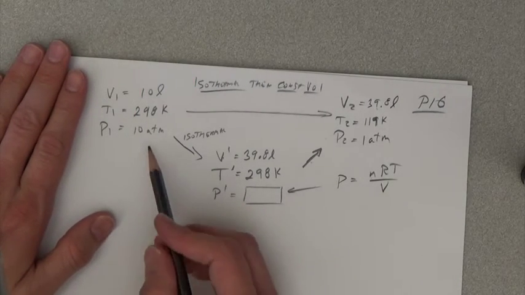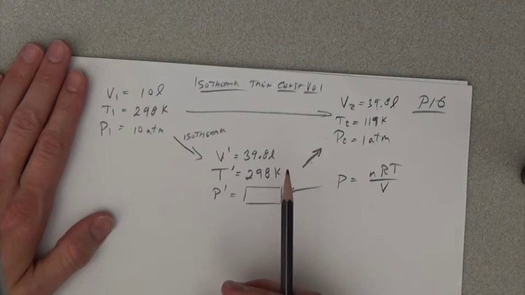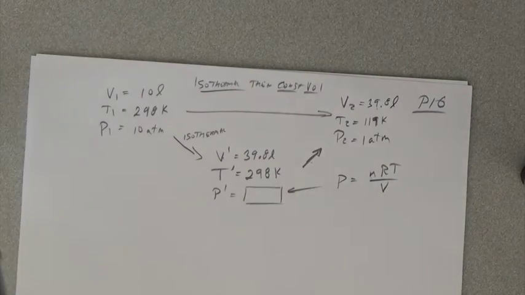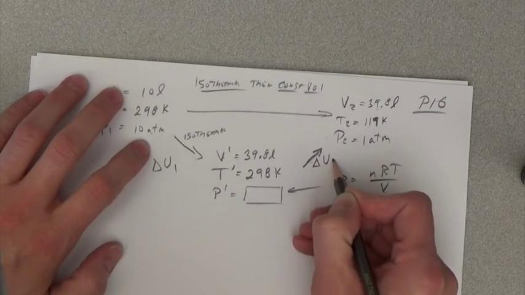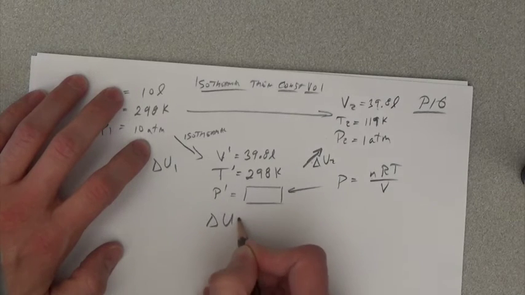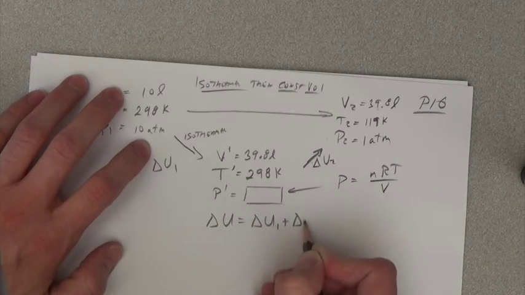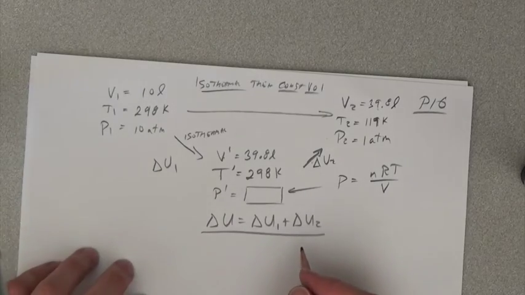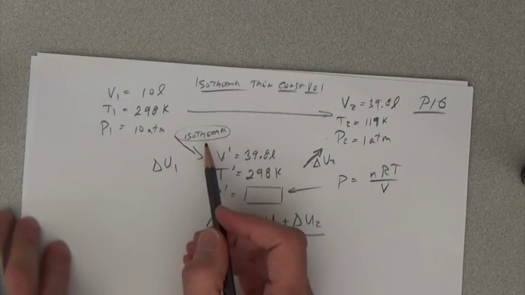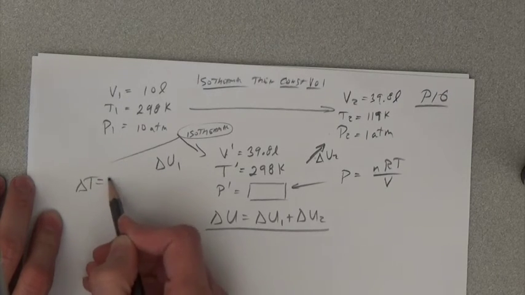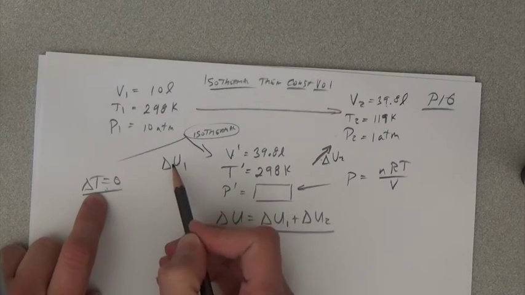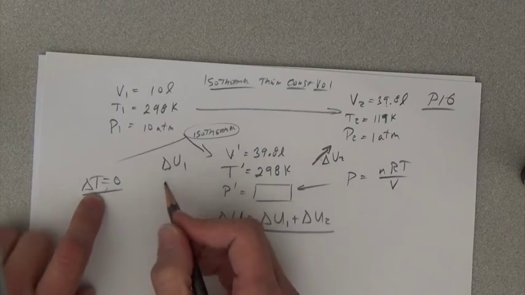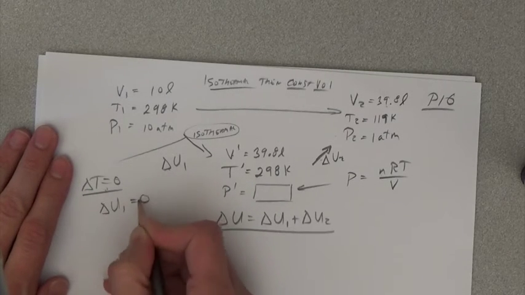So the state function energy is additive, so we can do a delta U1 and a delta U2, and then say delta U is equal to delta U1 plus delta U2. This first part is isothermal, meaning delta T equals 0. And it's an ideal gas, and because delta T equals 0 and U only depends on the change in temperature, that means delta U1 is equal to 0.